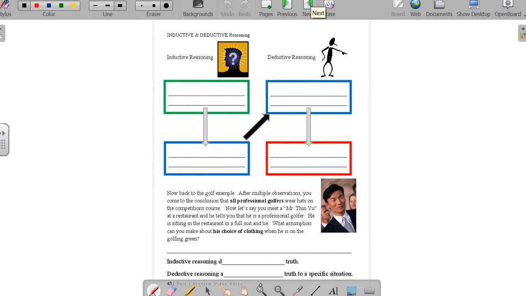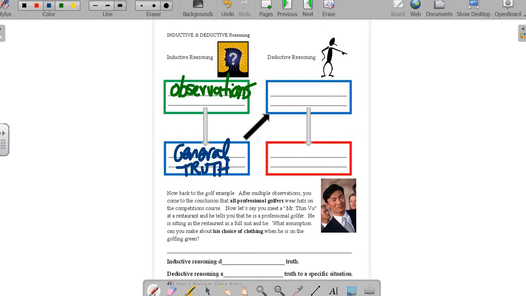So inductive reasoning is this: you take multiple observations and you come to a general truth. That's called inductive reasoning.